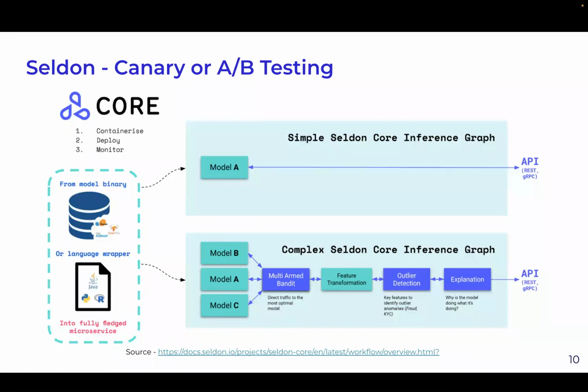So suppose model B and model C have not met the criteria they were built for, you can just roll back the versions and work on them before they get to production. That's the basic difference between A/B testing and Canary.